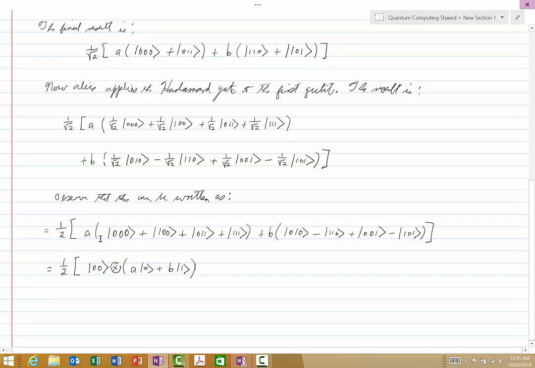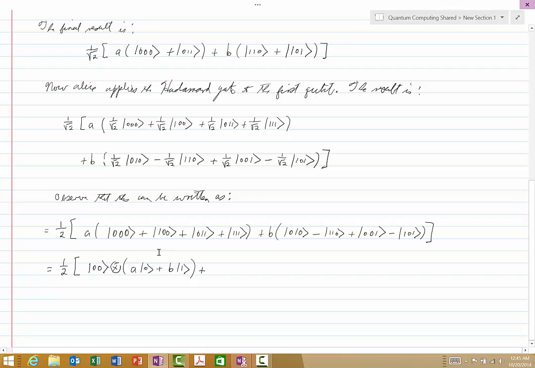This first term, a times |000⟩, and then this seventh term, b times |001⟩, could be joined together to give us |00⟩ tensor product (a|0⟩ plus b|1⟩).